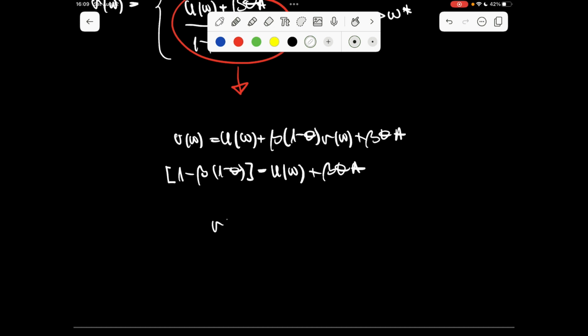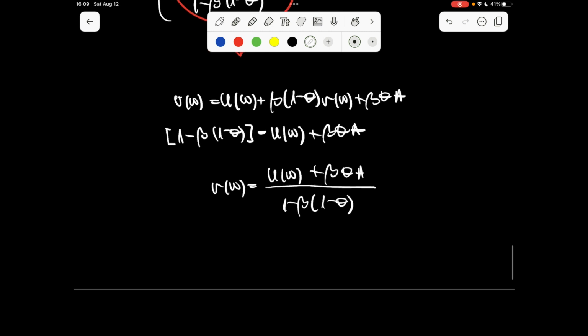And finally, along this section, the value function can be described with this formula.